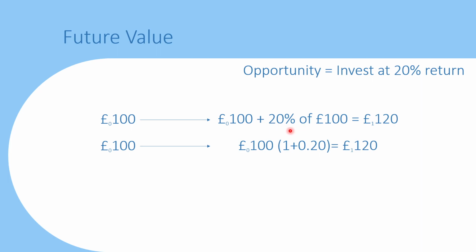So 20% is equivalent to 0.20, right? So all we've done is taken the 100, multiplied it by 1 plus 0.20, and that's given us the 120. And just to simplify that as another step, we've taken the 100, multiplied it by 1.20, and that's given us the 120. So we're calculating the future value of this 100.